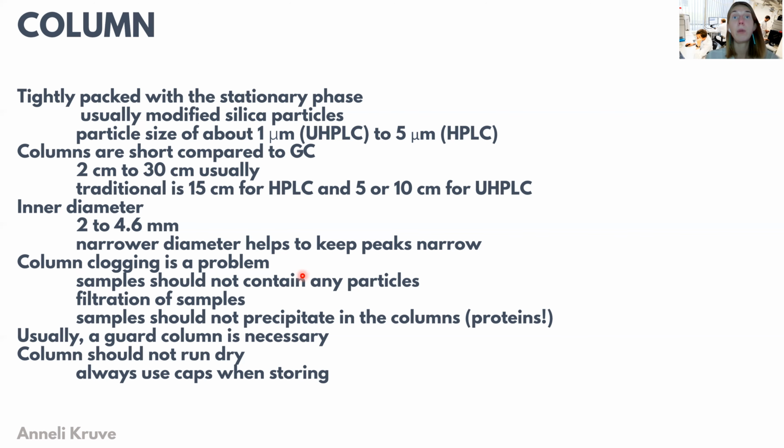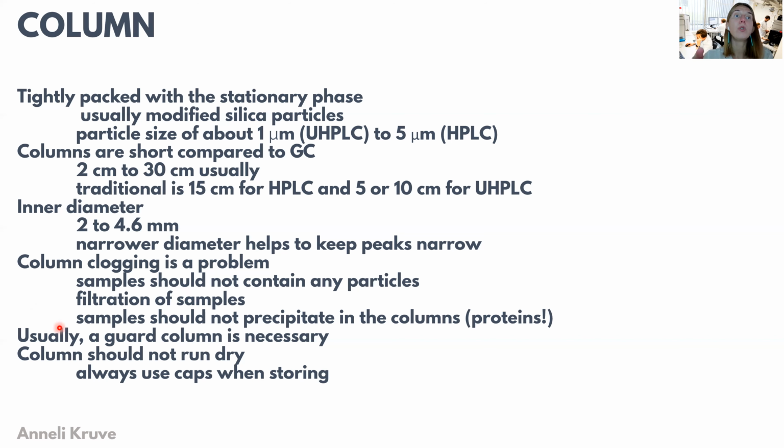So therefore, it's very important that the samples as well as the mobile phase is filtered. Usually syringe filters are used to filter the samples. And it's also important to be sure that the samples would not precipitate in the column, so that the samples are actually soluble at all mobile phase compositions that are pumped through the column.